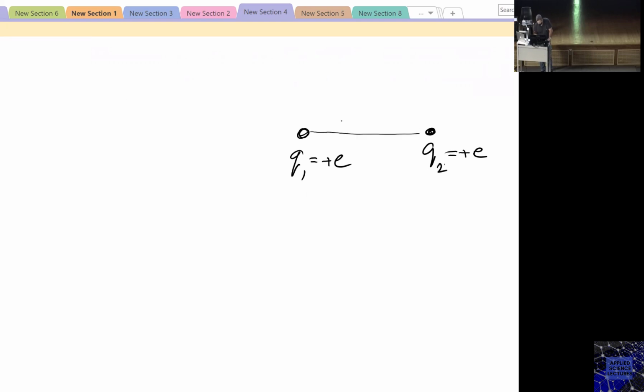The distance R is 10 to the power minus 15 meter. So what we know here is that Q1 equals Q2 equals 1.602 10 to the power minus 19 Coulomb.